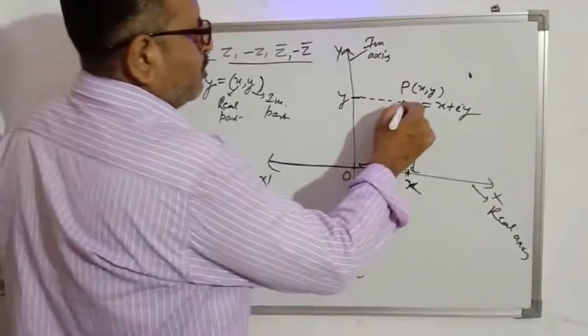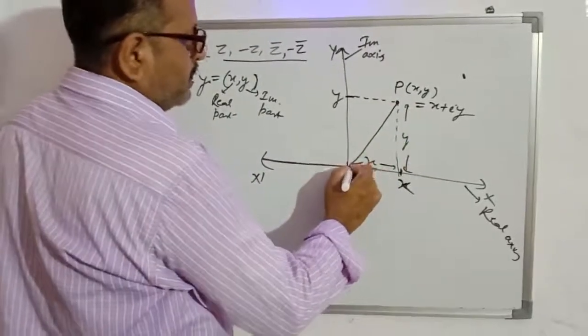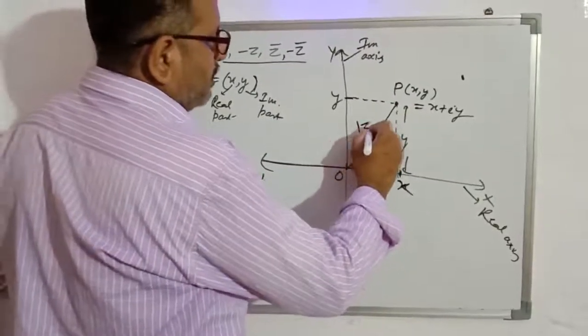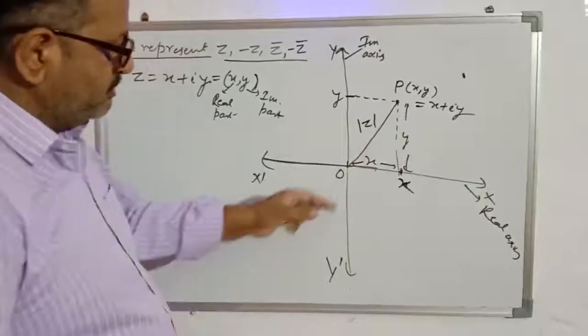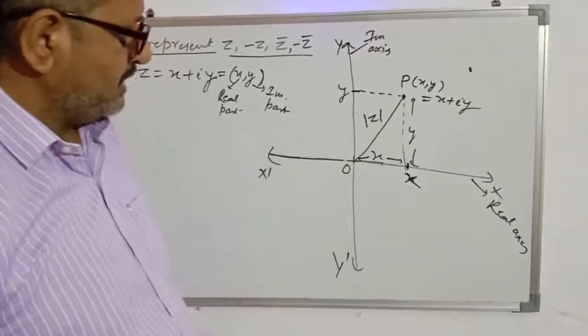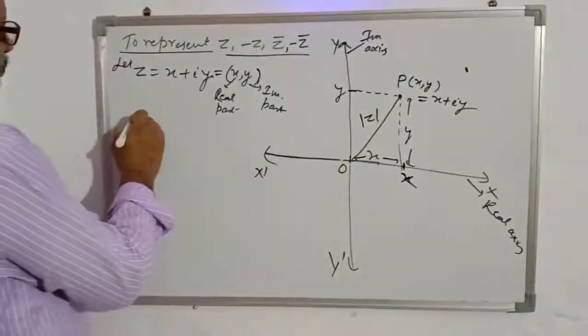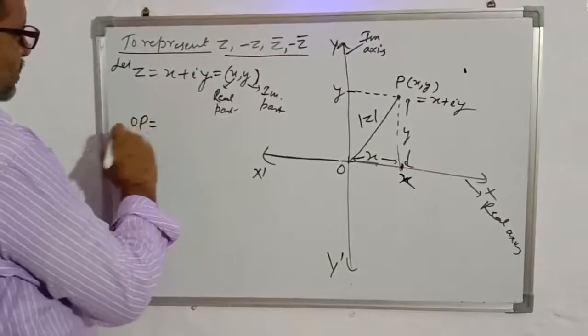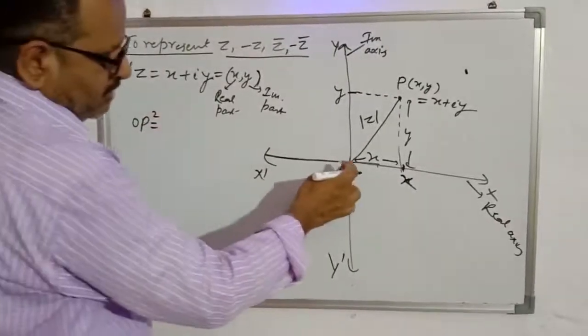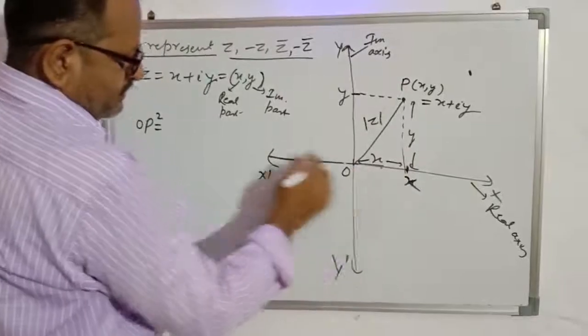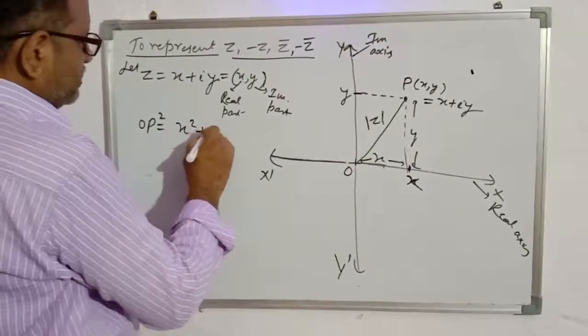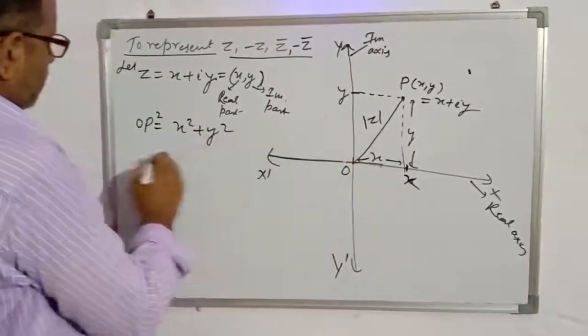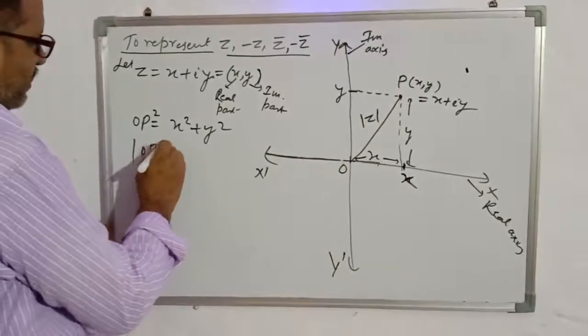If we join O to P, this OP is called the mod of z, the modulus of z. So we can find OP squared using the Pythagoras theorem. OP squared is equal to x squared plus y squared. So what is the mod of OP?